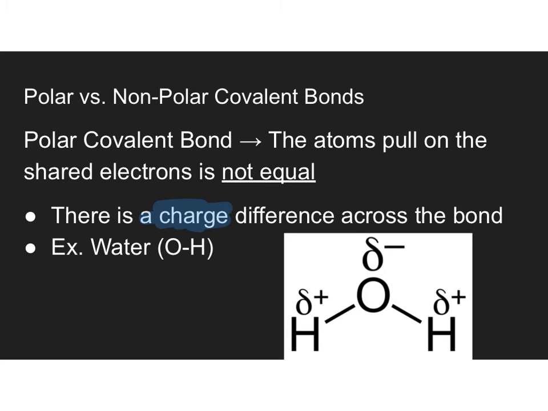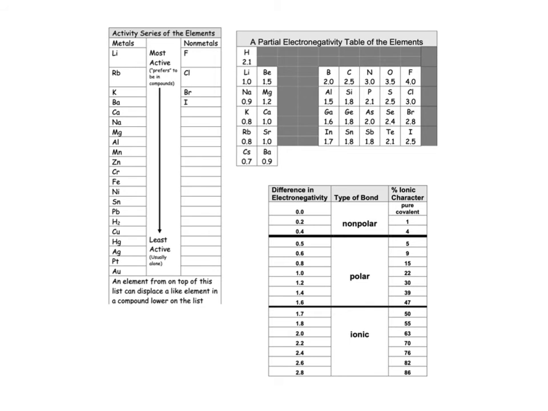So when we look at these two atoms, in this case, I have hydrogen and I have oxygen. Let's just look at this bond right here, because obviously it's the same for both. Back to our chart, we see hydrogen is still at 2.1, and then oxygen is at 3.5. So when I subtract those, 3.5 minus 2.1 gives us 1.4, and that tells us that it is a polar bond.